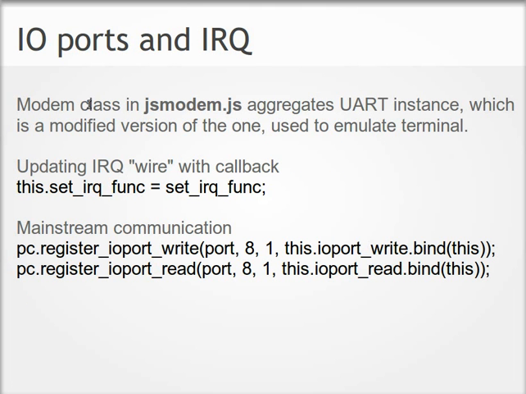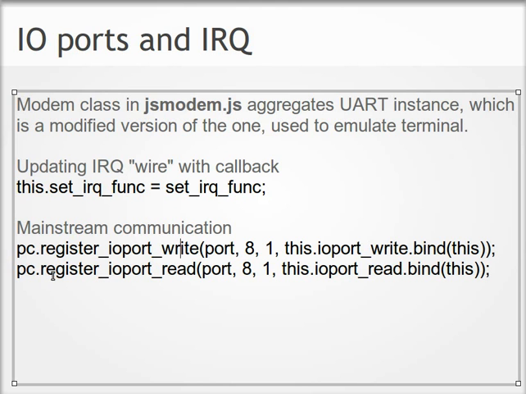If one follows the virtualization protocol of the x86 architecture, he would organize most of his traffic through input-output ports. There are respective calls to organize the callbacks, which are found in the CPU.js file. There are two functions that provide the mainstream communications.